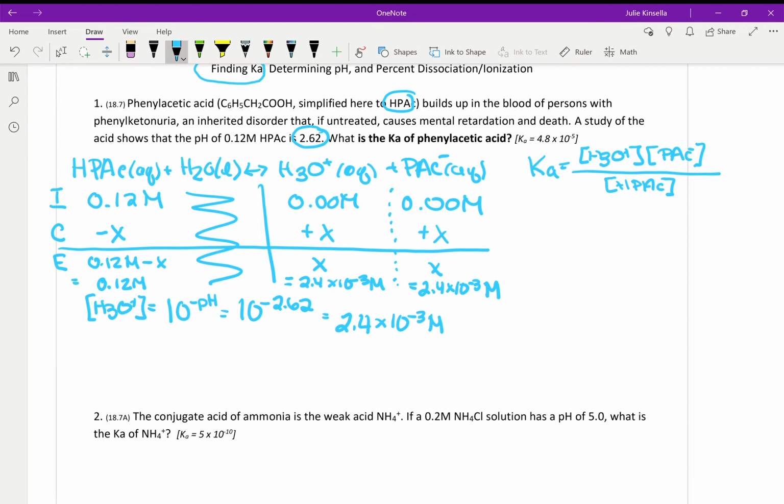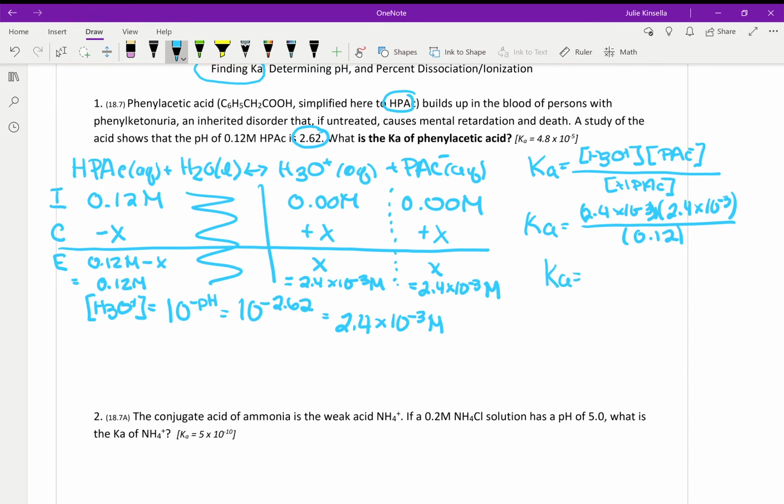All right, so moving on from there, we're going to go ahead and plug in our values. So we have our 2.4 times 10 to the negative 3 over our 0.12.